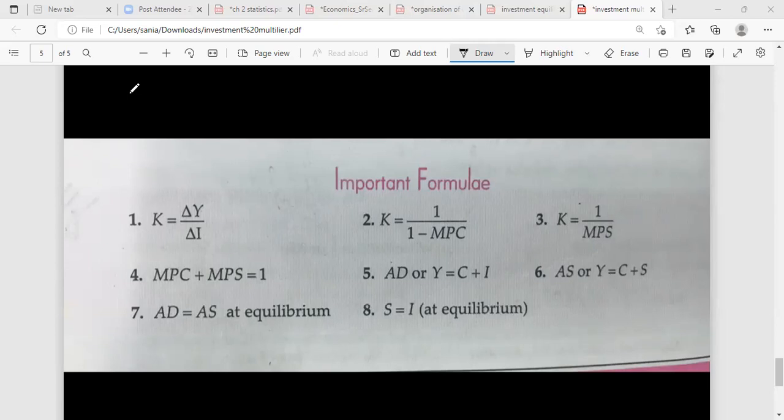So just quickly revise it, and for the rest of the 30 minutes we will only be solving numericals. Start with the aggregate demand chapter, and after that the chapter which we are doing. I'm giving you 10 minutes for that. Is it fine?